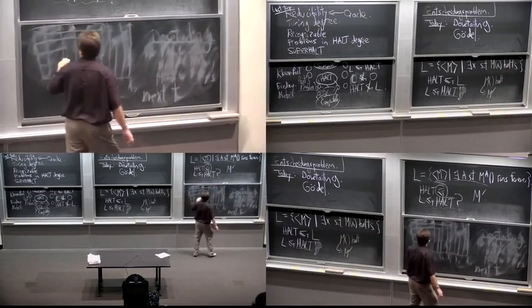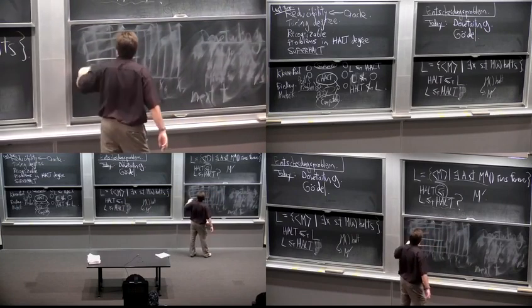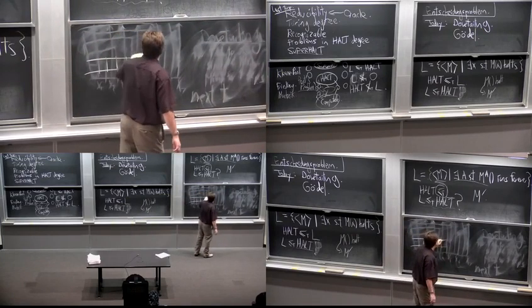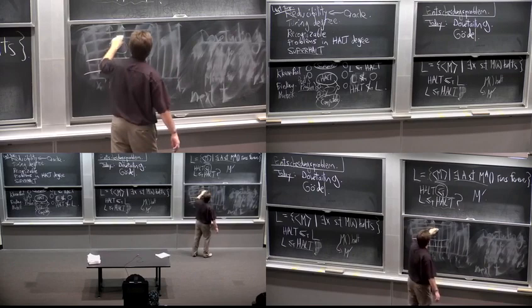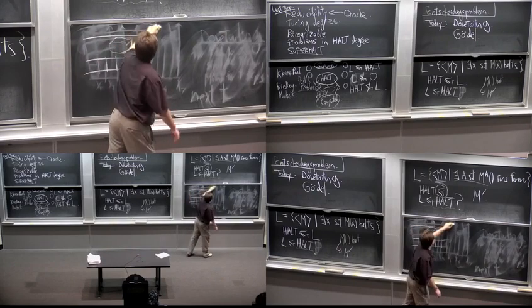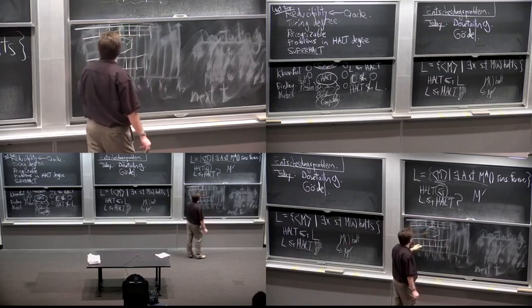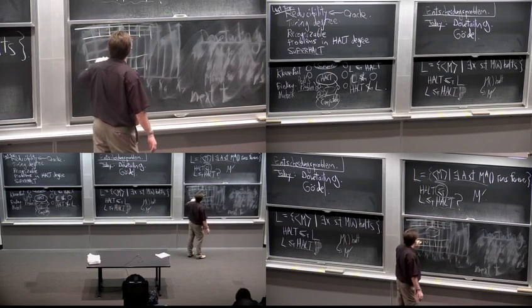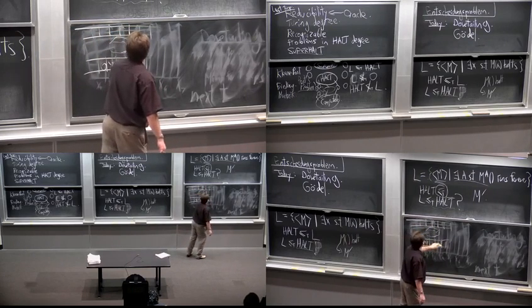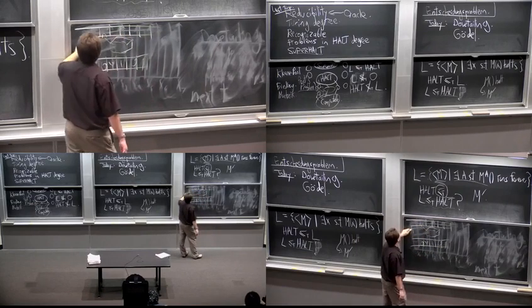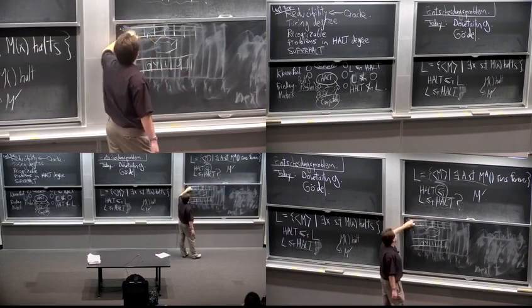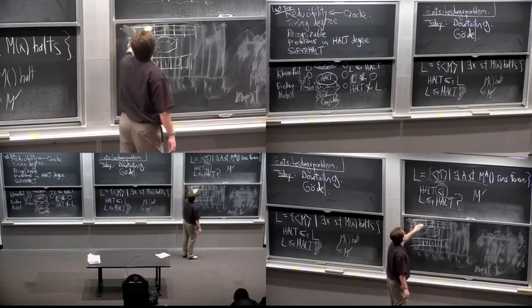Let's imagine that we've got our Oracle Turing machine. You can think of that as just a 2-tape Turing machine that's got some memory that it uses to compute with, and it also has this Oracle tape, A. Let me think of A as infinite in one direction.